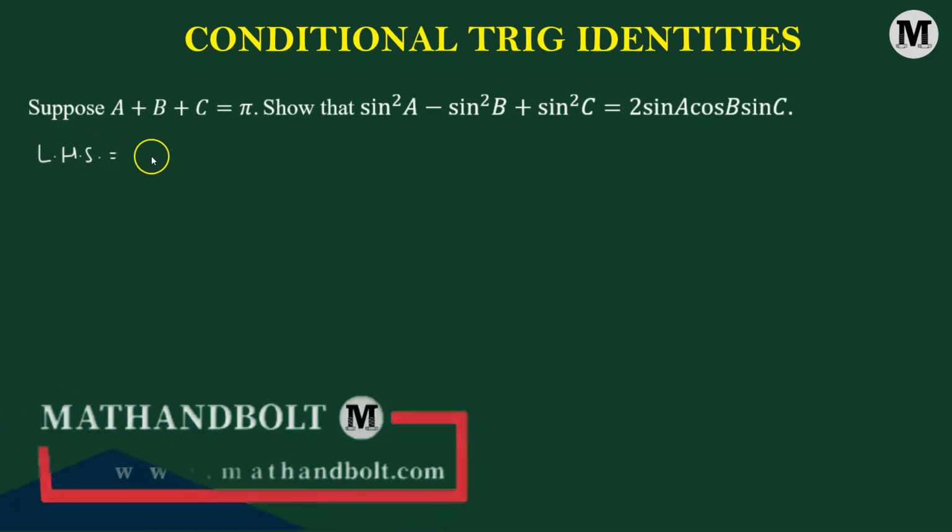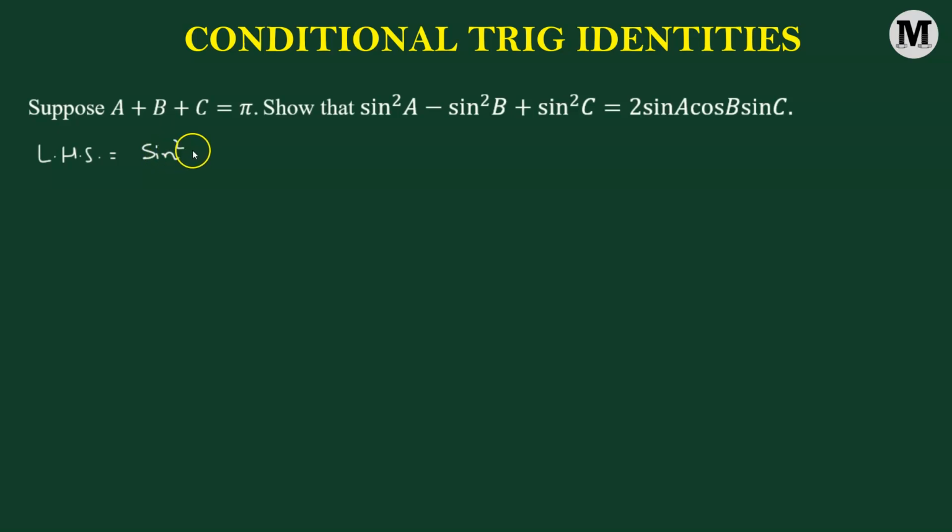So on the left hand side we have sine squared a minus sine squared b plus sine squared c. Fine. So we begin by first combining the first two terms. We have a standard formula for it: sine squared a minus sine squared b is given by the product of sine of a plus b and sine of a minus b.